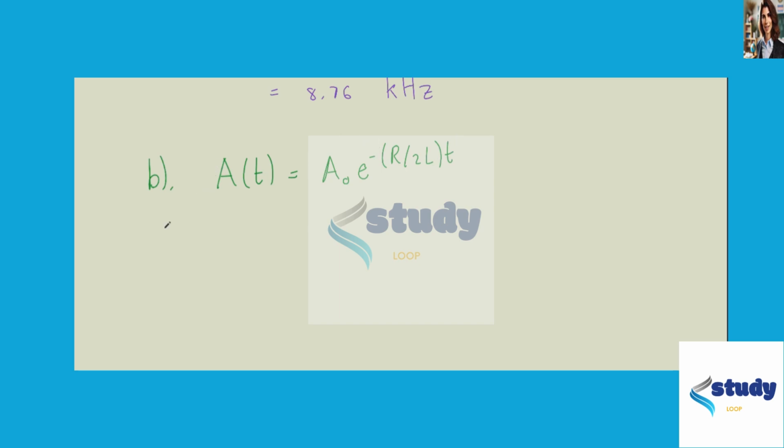So we can rearrange this equation and solve for the time t. If we do some mathematics and take the natural log of both sides, we can find t to be minus 2 times L times the natural log of A over A naught, all divided by the resistance R.